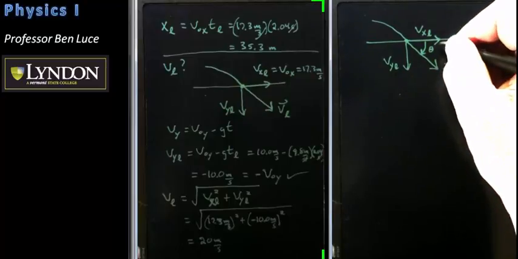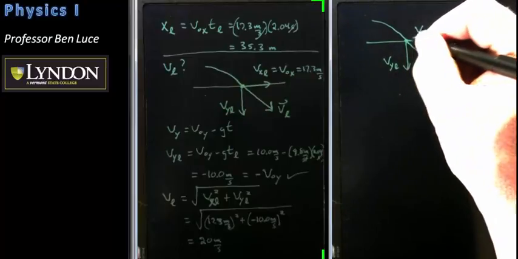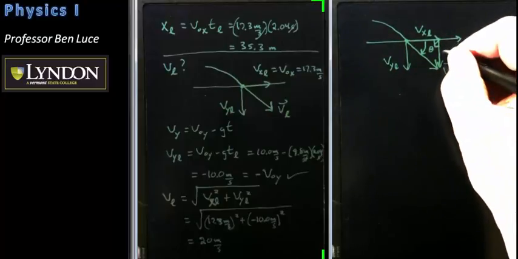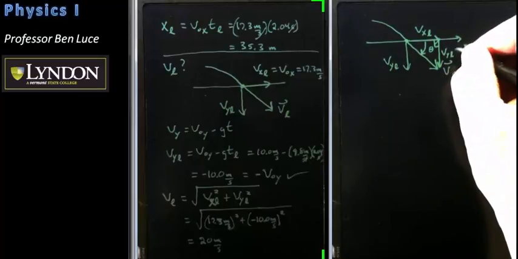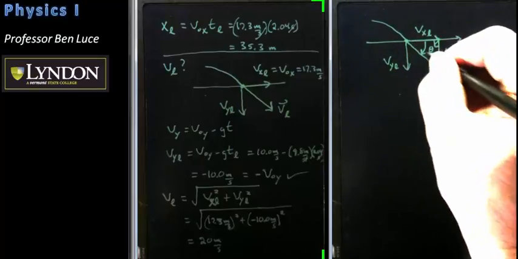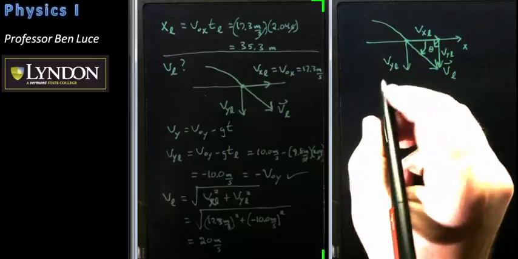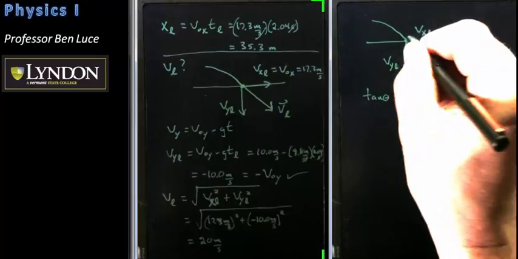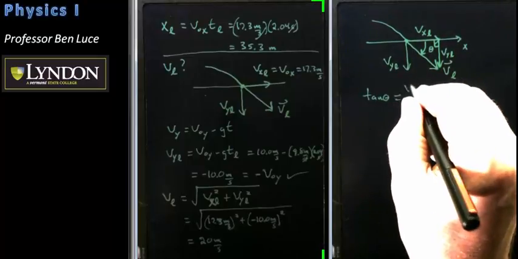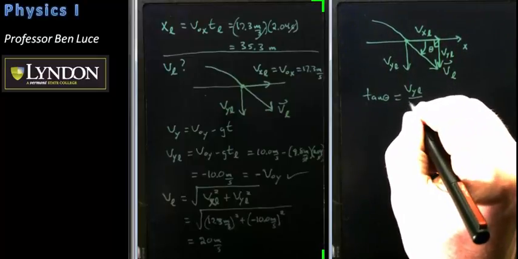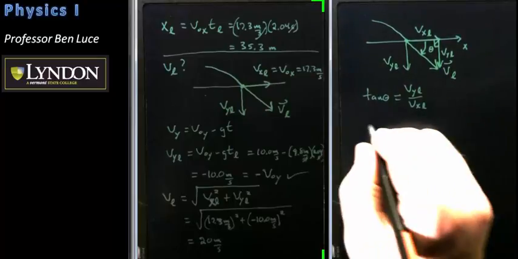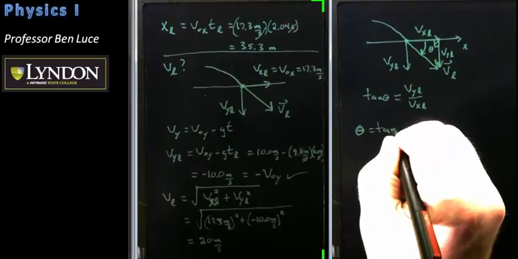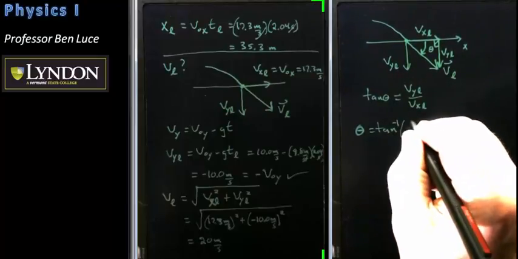But note that if we put the components together, we form a right triangle here. So we have VXL, VYL, and VL. And we can see that the tangent of theta will be the opposite over the adjacent. So theta will be equal to the inverse tangent of this ratio.